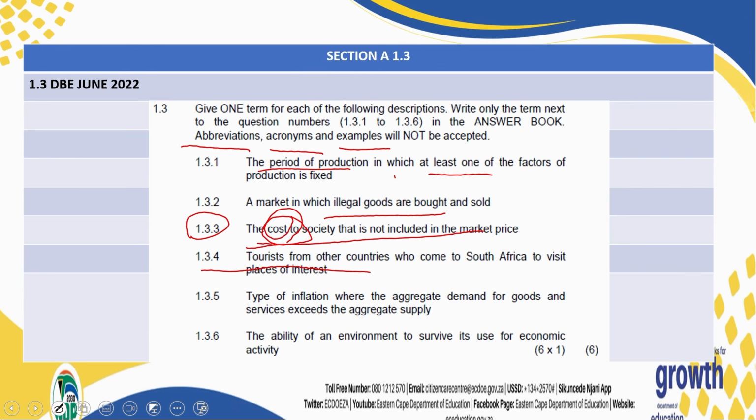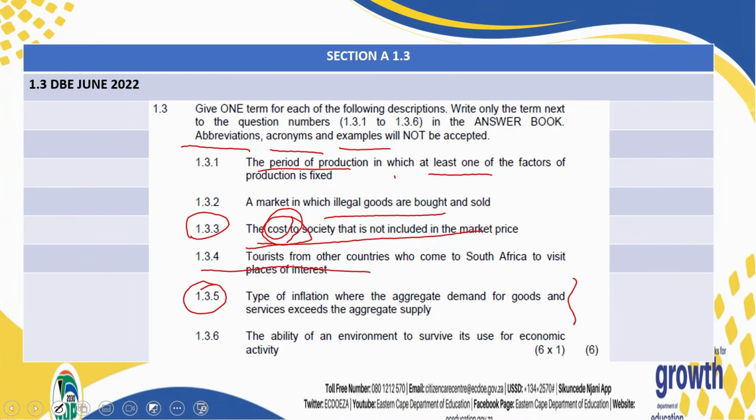If these are South African tourists who are visiting other countries outside South Africa, they are going out of South Africa. That is an outbound tourist. So please take note. Outbound, they are going out. They are South African tourists who are going out. Other tourists that are coming into South Africa are referred to as inbound tourists. So be careful on that one.